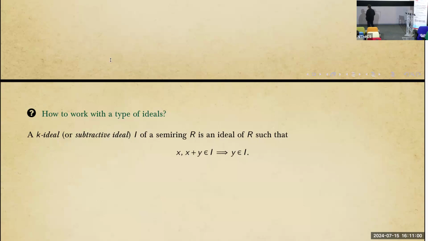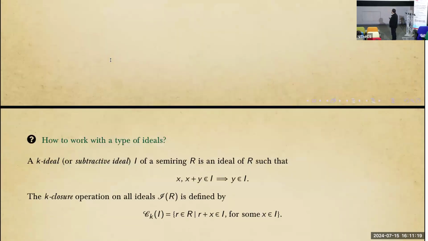And many of you who work on general topology, categorical topology, point-free topology or lattices, one of the interesting things for you is the closure operator, which we generally introduce and study for various properties. And K-ideals also have a very natural definition of a closure operator, and then you can endow this closure operator on all ideals.